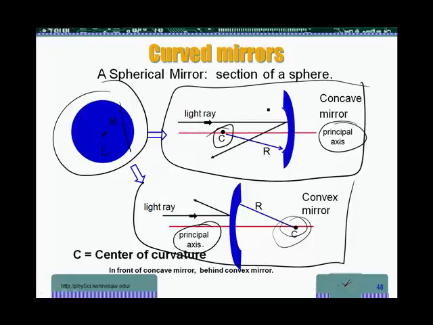But for a concave mirror, the center is in the same position relative to the mirror as the object would be and as the light would be. That's an important distinction.